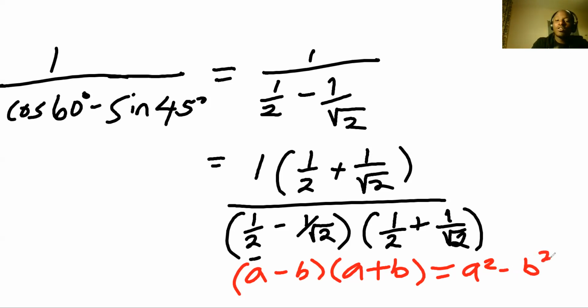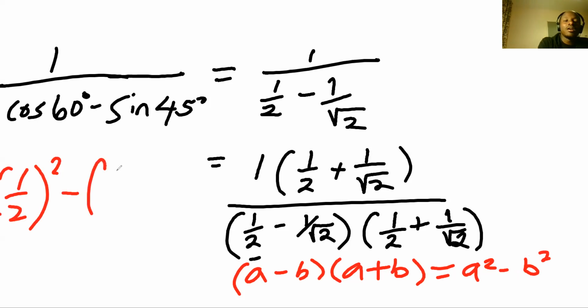Let's remind ourselves again. In this case, our a squared is a half squared, minus b squared, which is minus 1 over root 2 squared.